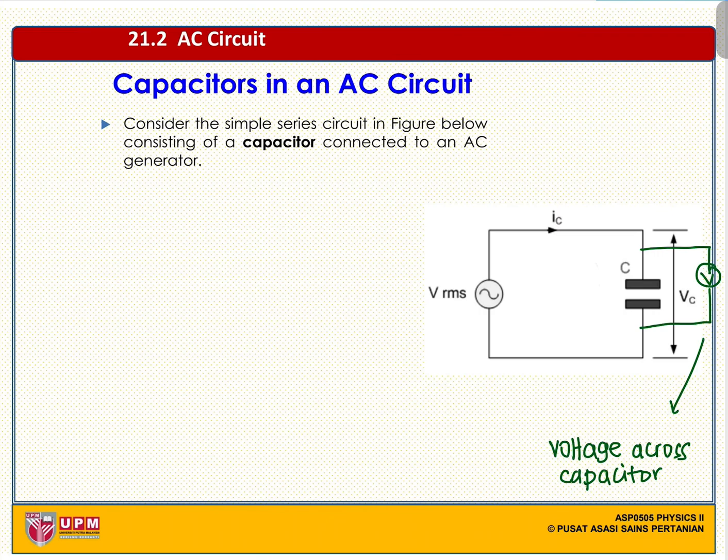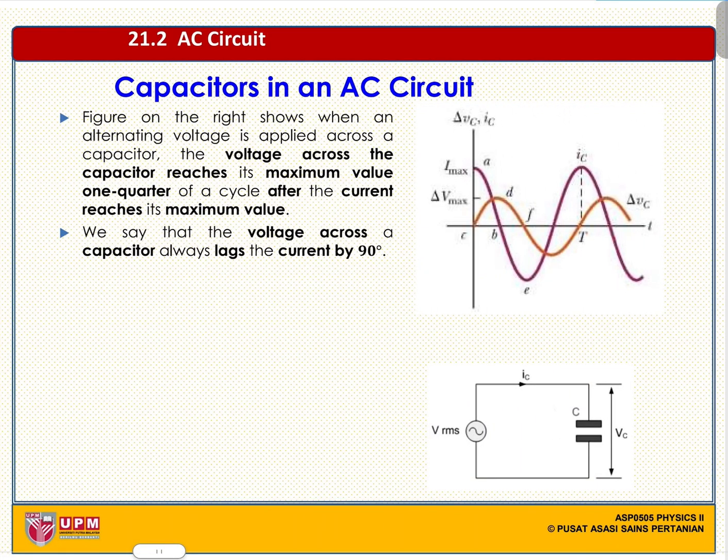Alright. Now, the figure on the right shows that when an alternating voltage is applied across the capacitor, the voltage across the capacitor reaches its maximum value one quarter of a cycle after the current reaches its maximum value. So this one is across, they use VC.